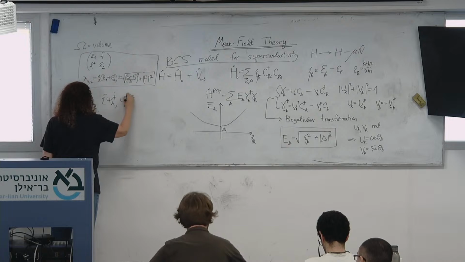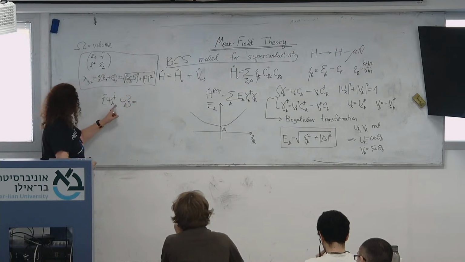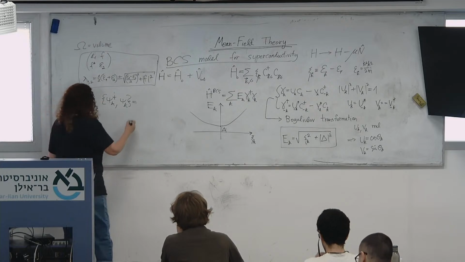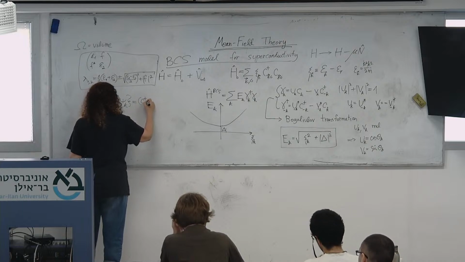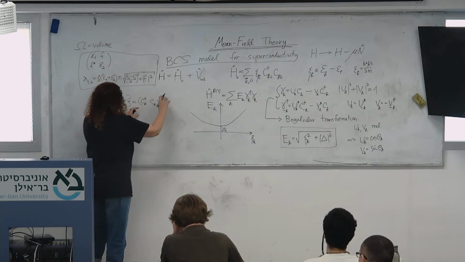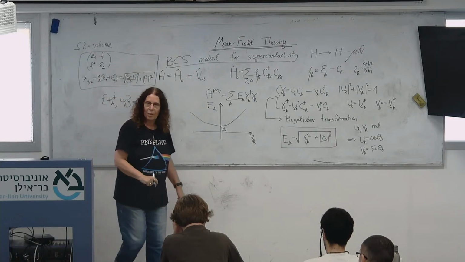I think this is what you mean. And if I write the anti-commutator the way I defined it, I get C dagger k, C minus k times this, and then you get a factor of 2. I think this is what you meant.